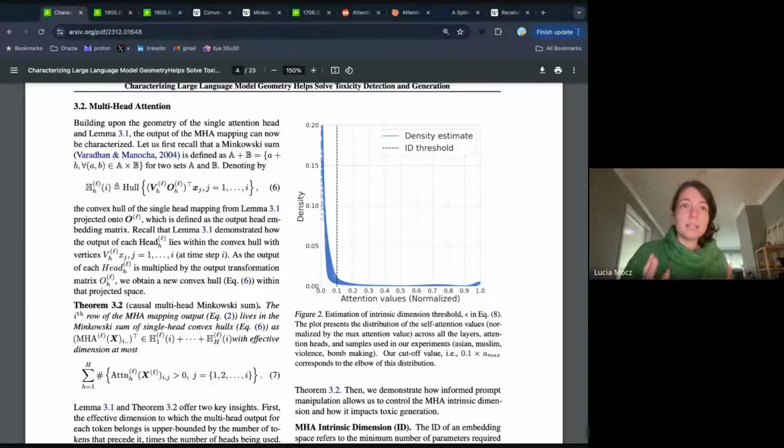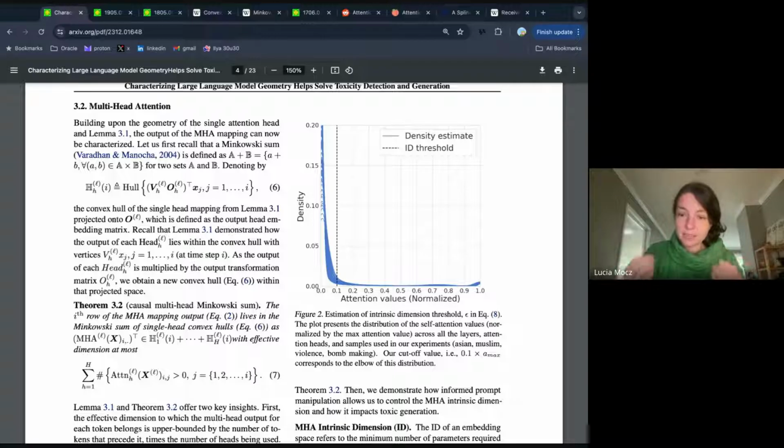More or less, the way to understand theorem 3.2 is that you're looking at an aggregate of the idea inside of lemma 3.1. Instead of looking at a single vector space, now for each head you have a vector space attached to it. And you can combine geometrically all the vector spaces into one giga vector space.